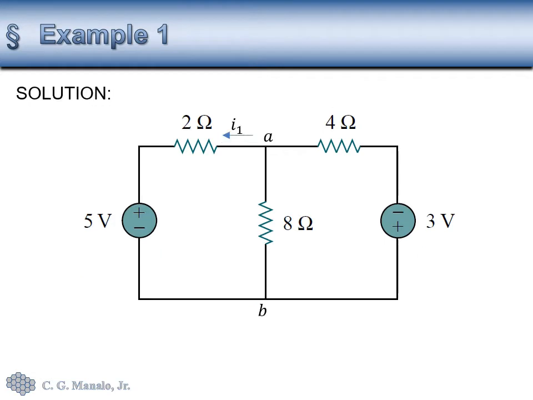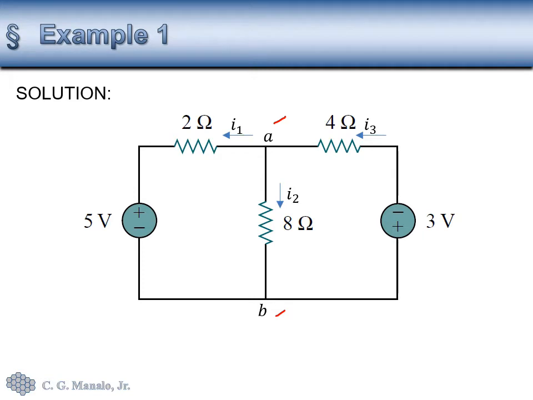So the first step is we label the nodes where there are more than two elements connected. So here we have node A and node B. Then we assign currents to all the elements. For the 8 ohms, we assign I sub 2, and for 4 ohms, we assign I sub 3.